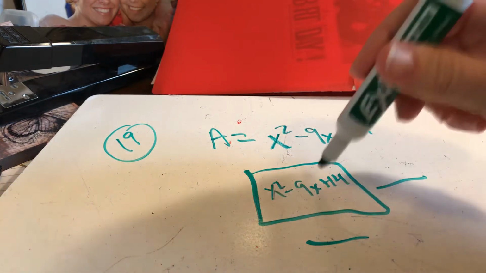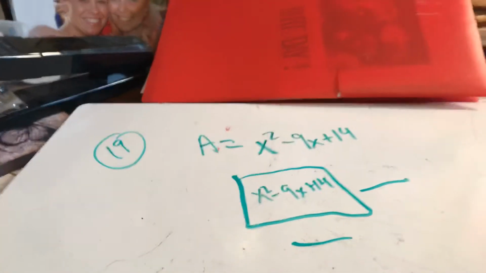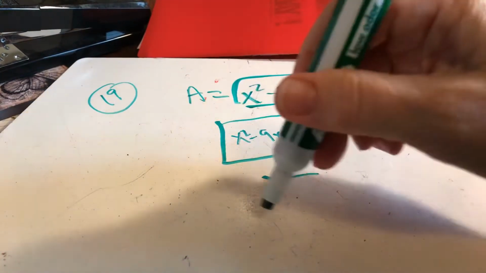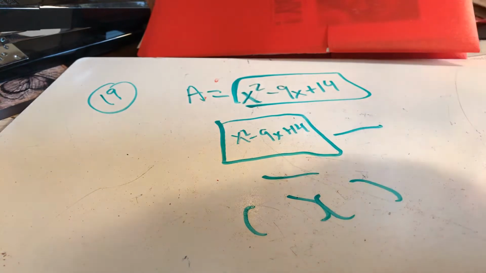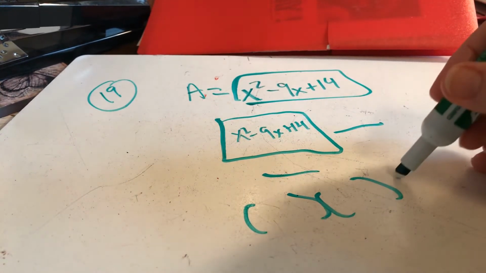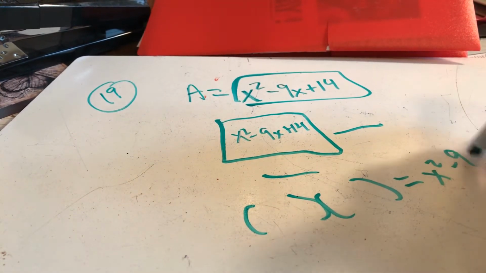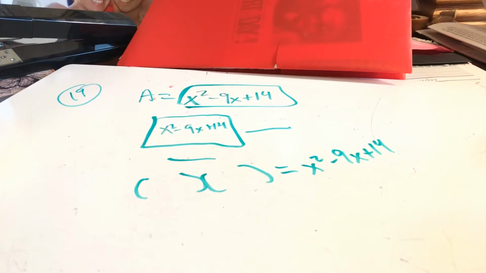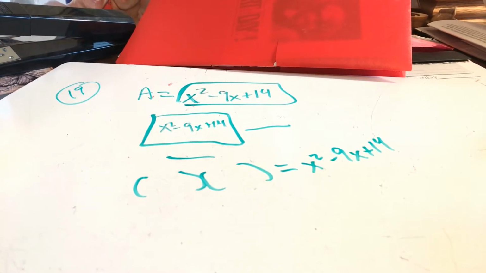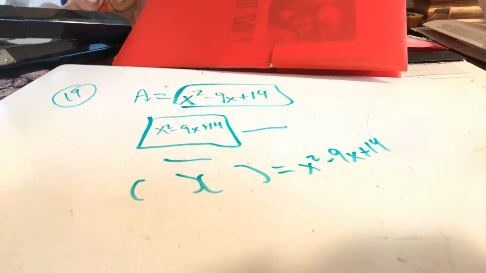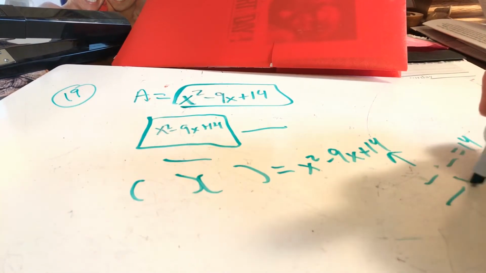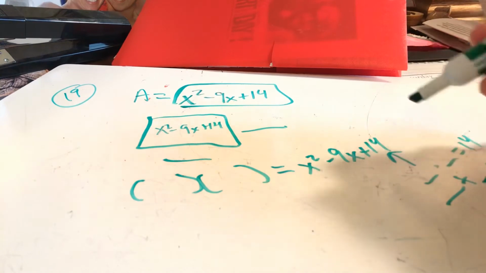You do length times width to get area. So really the question is, what are the factors of this? Because what times what equals x squared minus 9x plus 14? In order to factor it, you're asking yourself what two numbers multiply together to make 14, and when you add them together, you get a negative 9.